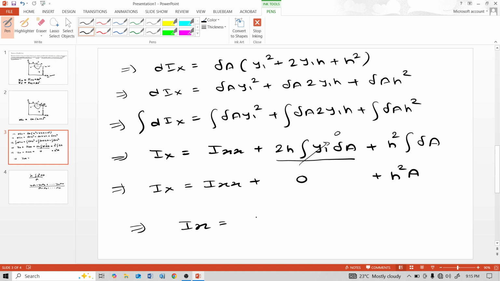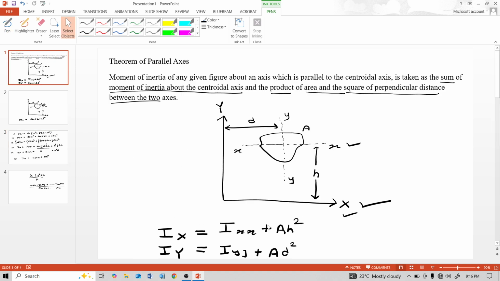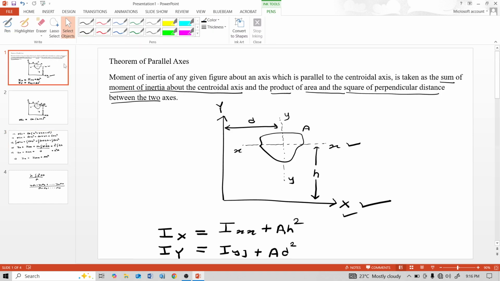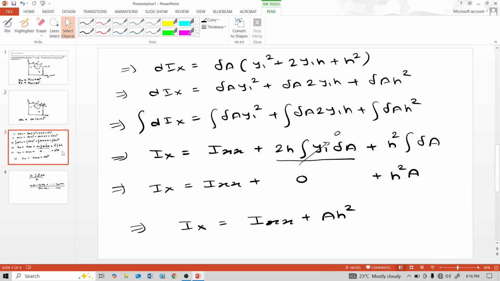So capital Ix is equal to small Ix plus A into h square. This is the derivation of the theorem of parallel axis.